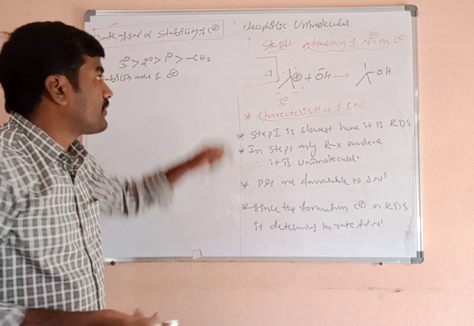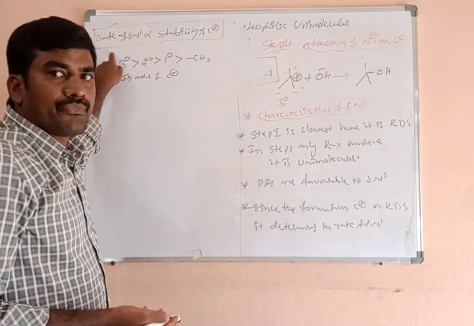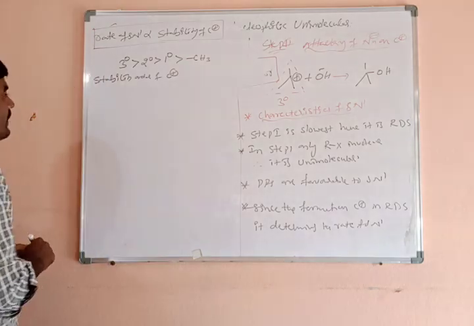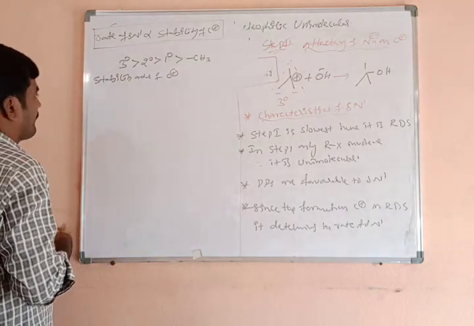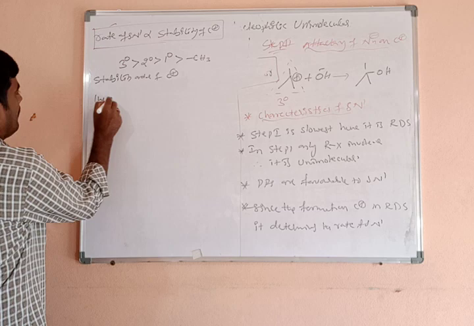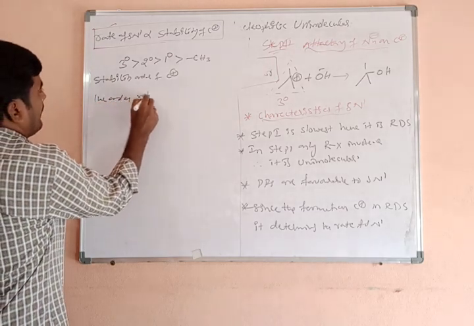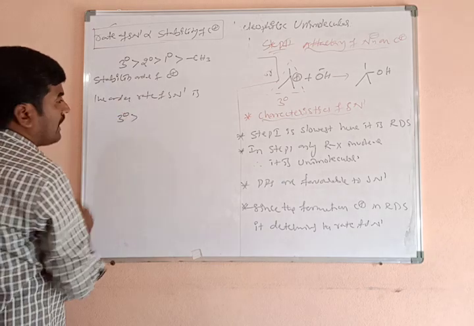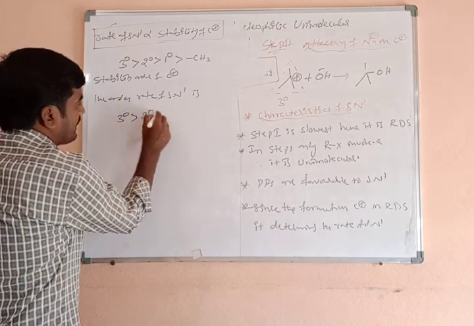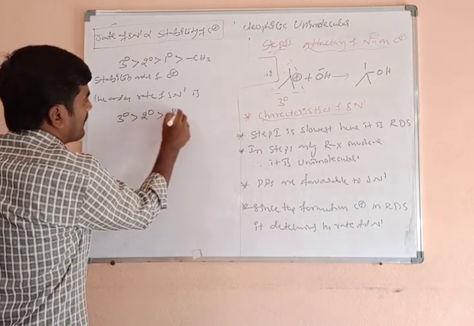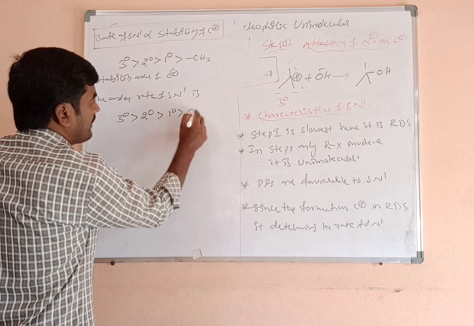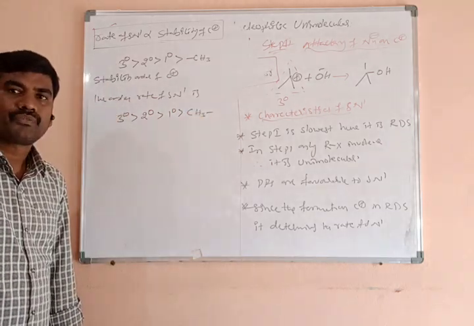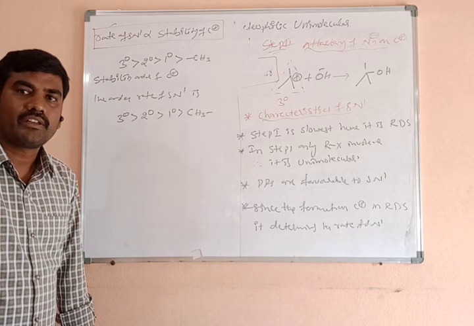Stability of carbocation is directly proportional to the SN1 reaction. Therefore, the order of rate of SN1 is: tertiary alkyl halides greater than secondary alkyl halides greater than primary alkyl halides greater than methyl halides. This is the order of rate of SN1 reaction.